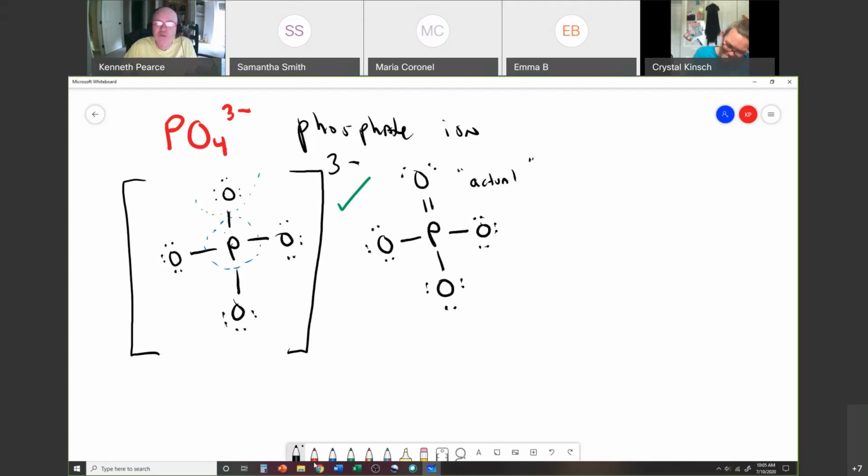But here's the actual. So what we're going to call is something called formal charges. What formal charges does is it's based on oxidation numbers. It's based on the idea that we want to minimize the charges, and we're not talking charges as in an actual plus or minus, but we're going to use this as a tool to try to decide what's the best structure.